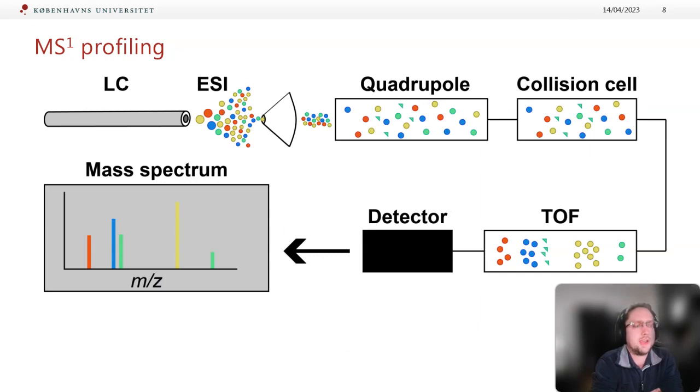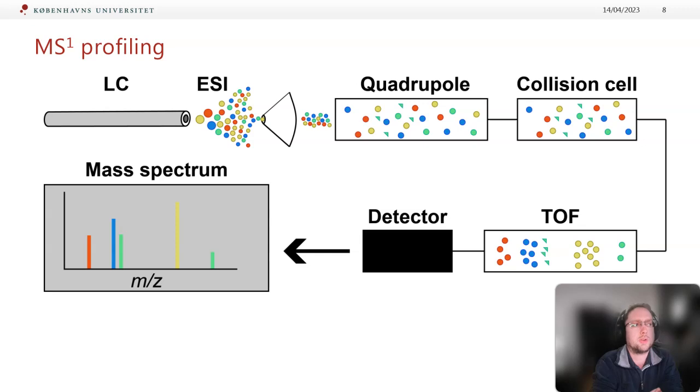Now let's look at what happens after the compounds exit the chromatographic column. When the compounds exit the chromatographic column, they exit in a spray and they are ionized. In the most typical setup for LCMS metabolomics, electrospray ionization is used. Many of the compounds are ionized in their complete form, but some of the molecules also break up into smaller pieces. We call this in-source fragmentation.